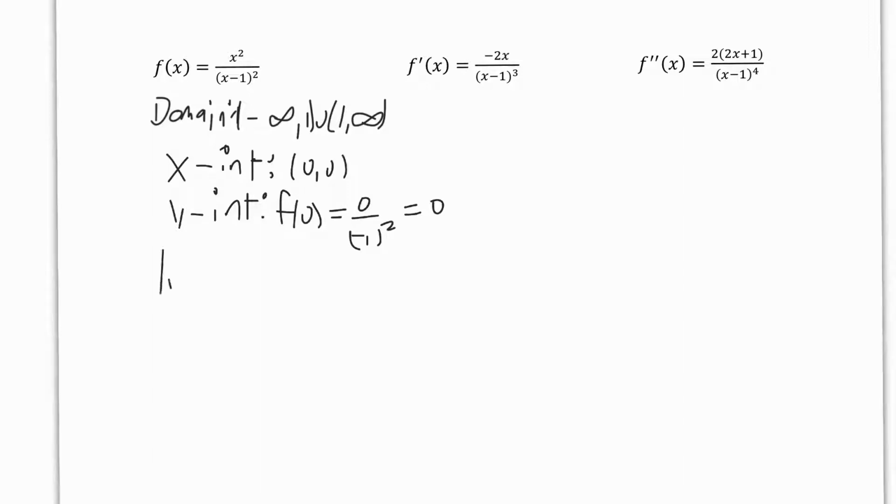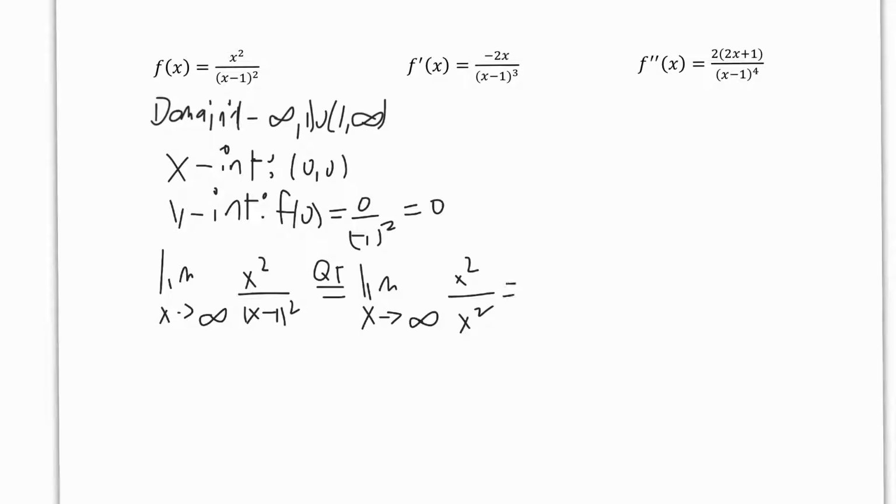So let's do the limit as x approaches infinity of x squared over (x minus 1) squared. We're going to use the quotient theorem as always, giving us x squared over x squared, which is just 1.